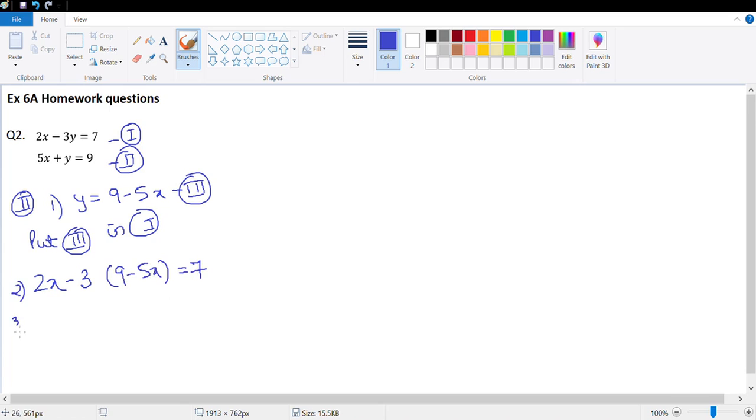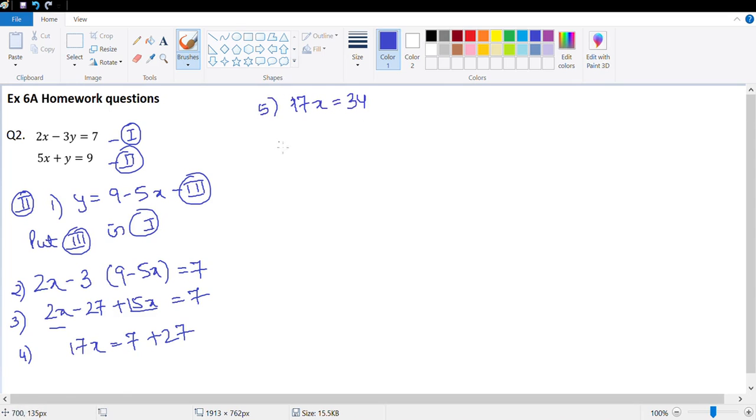So this is 2x minus 27 plus 15x is equal to 7. That's 2x plus 15x, that's 17x, is equal to 7 plus 27. This gives me 17x is equal to 34, which means x is equal to 2.